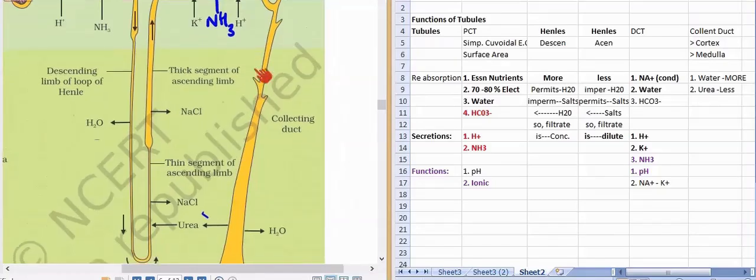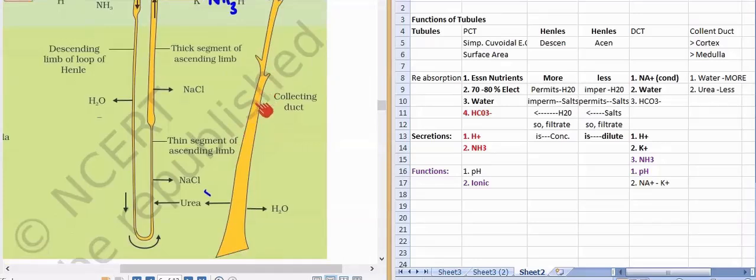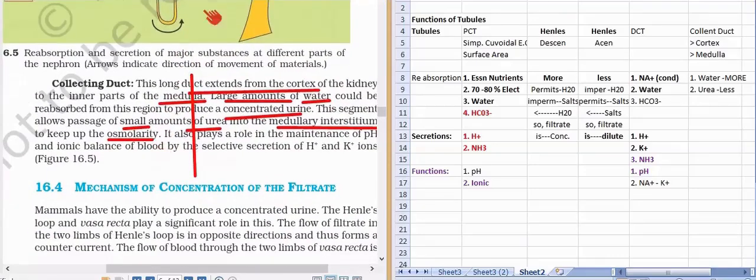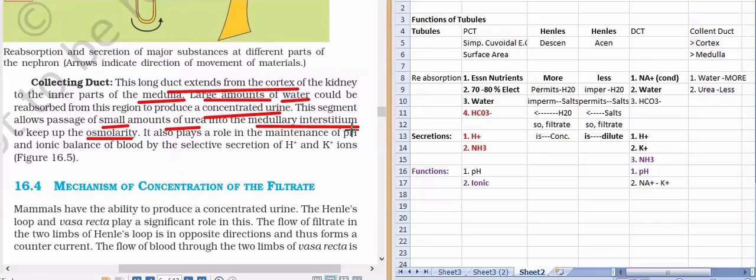If this waste urea is going through this and nearby there is no urea, rather than going through the tube it can diffuse because of reabsorption. So it keeps some amount of urea to avoid diffusion. This is called maintenance of osmolarity. So you can write here for osmolarity, medulla.